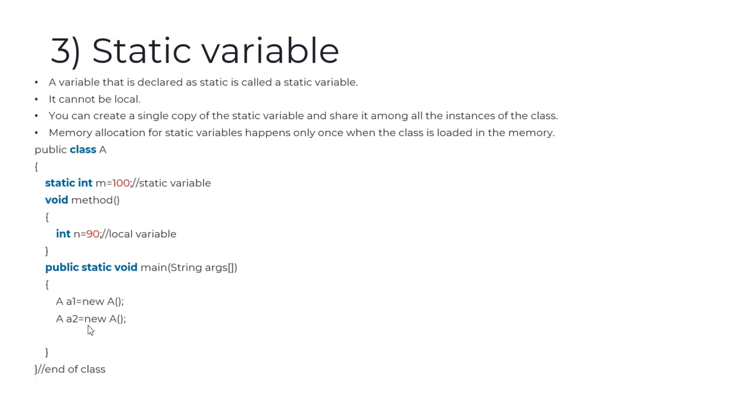For every new object created for a class, that same heap variable created when the class was loaded is used. So you can create a single copy of a static variable and it can be shared among all the instances of a class. Memory allocation for a static variable happens only once, when the class is loaded.